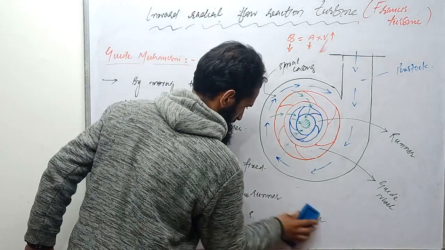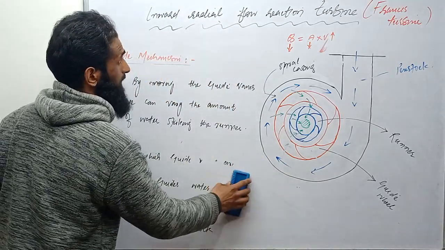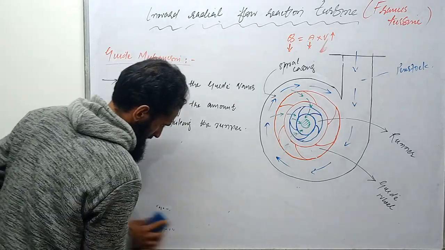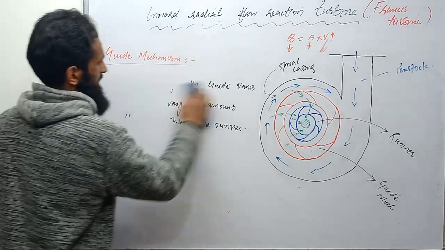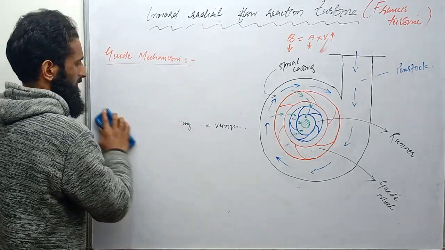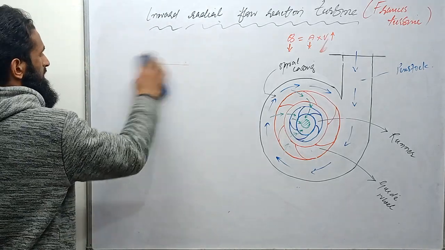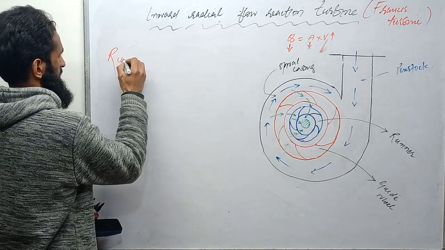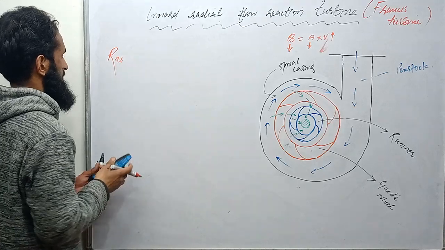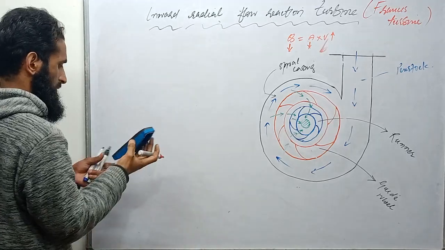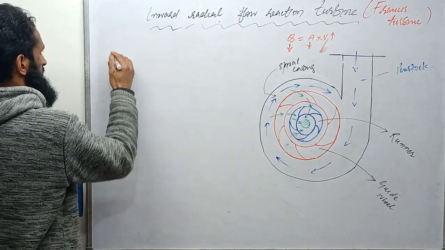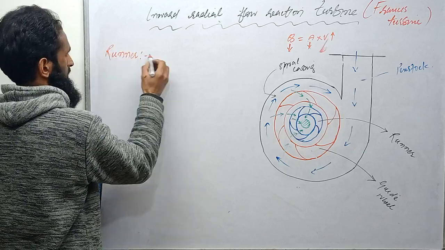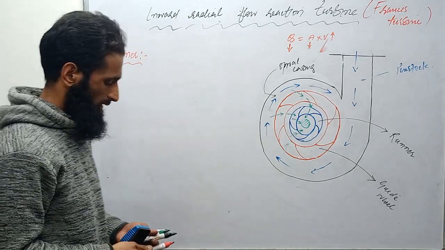Now we have runner. Third component of inward radial flow reaction turbine is runner. Okay, runner.